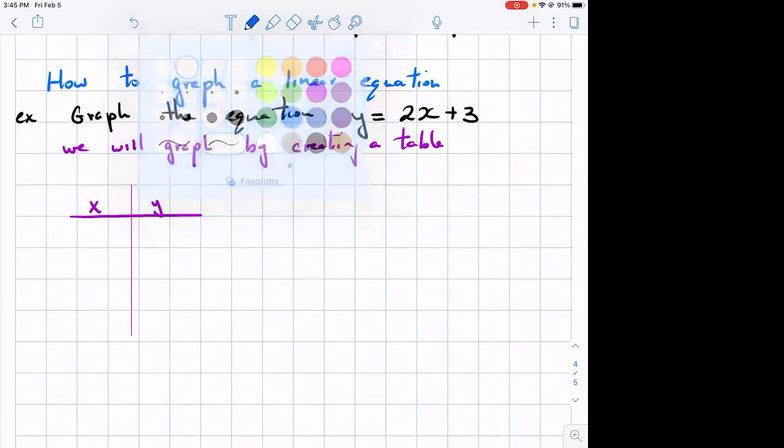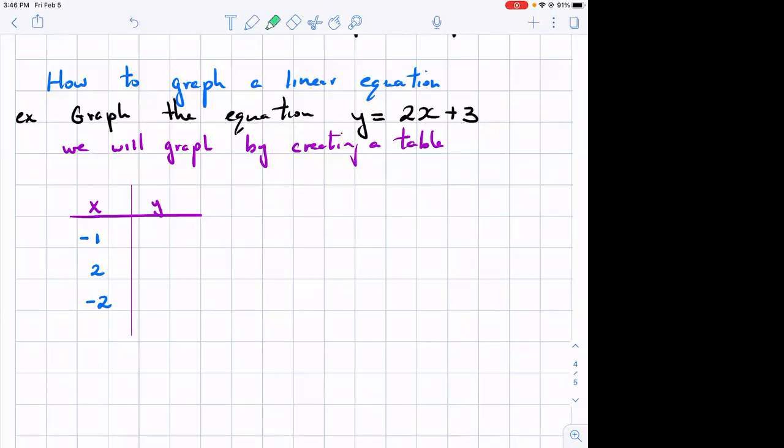So let's say that we choose x randomly to be minus 1, x to be 2, and then x to be minus 2. Random values. These values here, you are making them up.